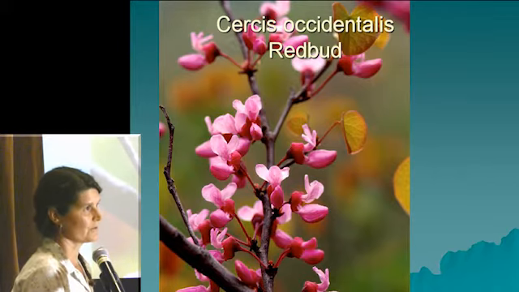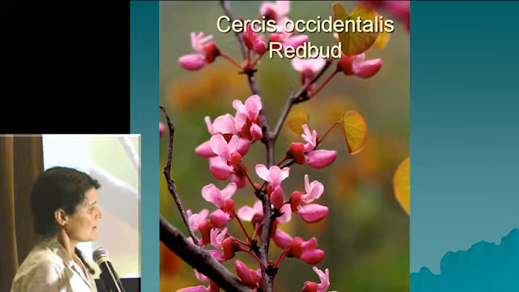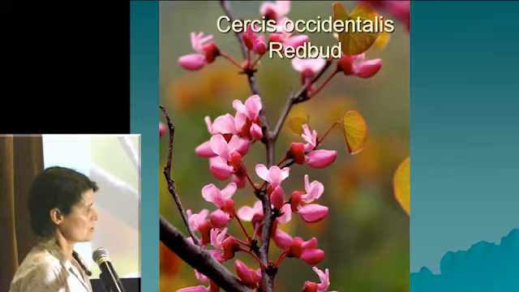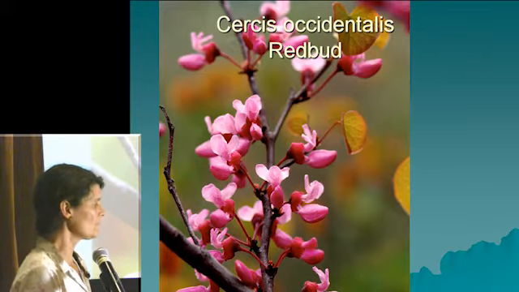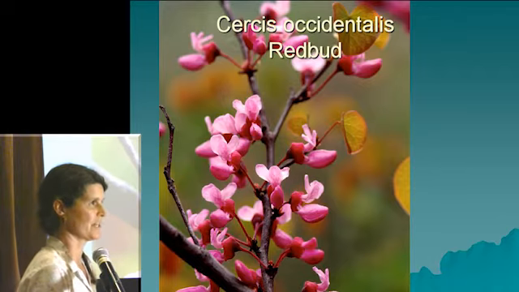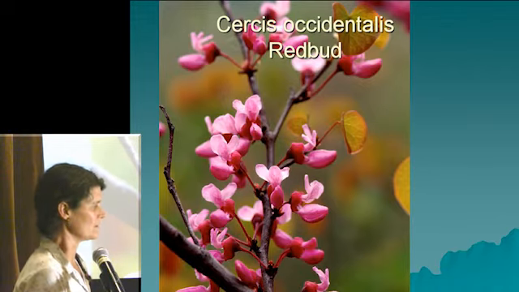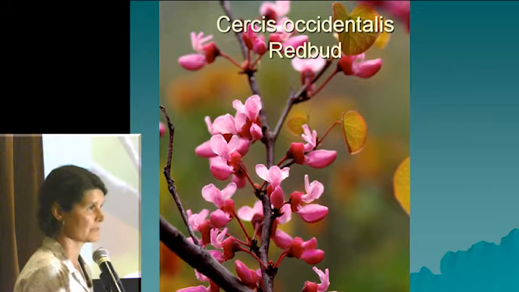But it's a beautiful deciduous shrub. I think they get about 10, 15 feet, maybe. And of course, the flowers are stunning in the late winter, and then you get the foliage in the spring, and then the nice pods that turn red in the fall.